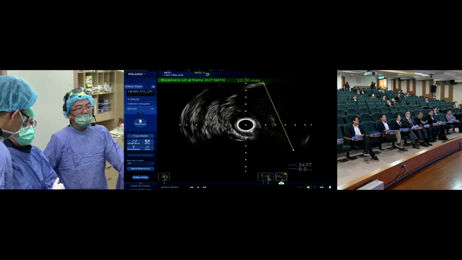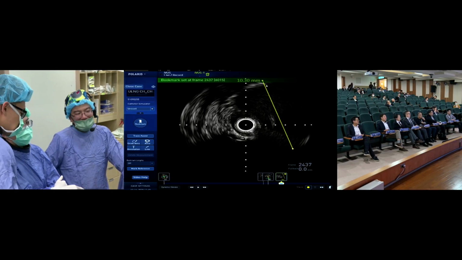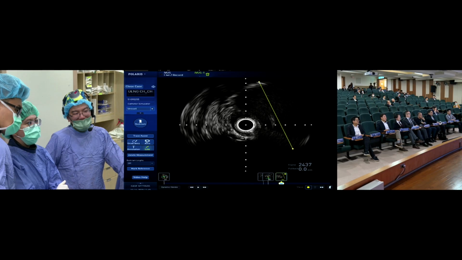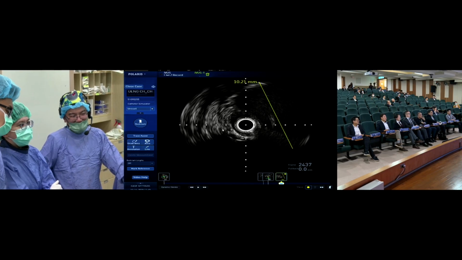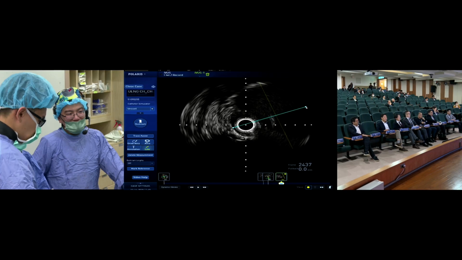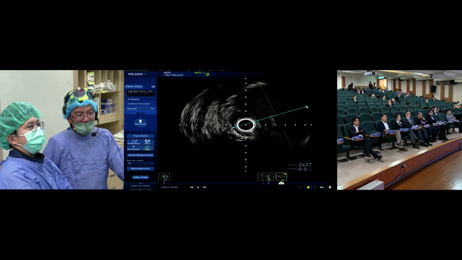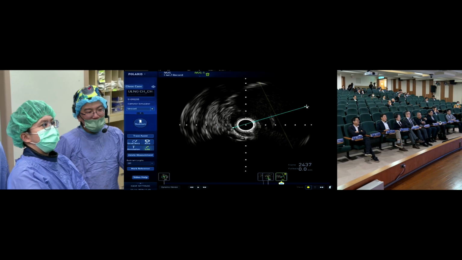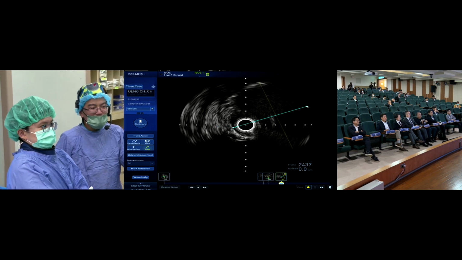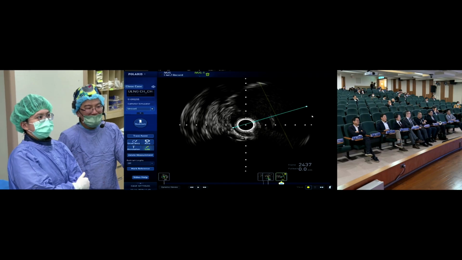Yeah, I also think so, because the outcome in a true lumen or in a subintimal path might not be so different to achieve enough MRA, maybe also a good outcome and shorten the procedure time.